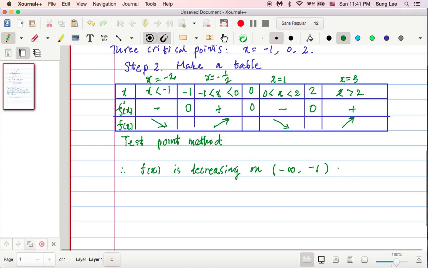So we use this notation, union, the open interval 0, 2.